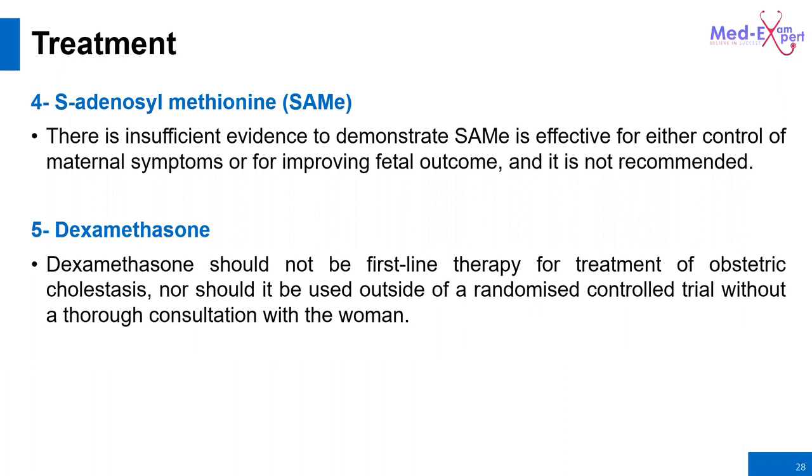This drug is used in many health problems, some of them psychological, and also liver diseases. There are many trials of this drug in different liver diseases, but we don't have strong evidence about its safety and its benefit in controlling the maternal symptoms and improving the fetal outcome. According to the Green-top guideline, it is not recommended.